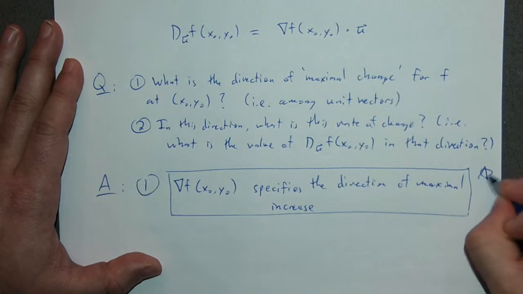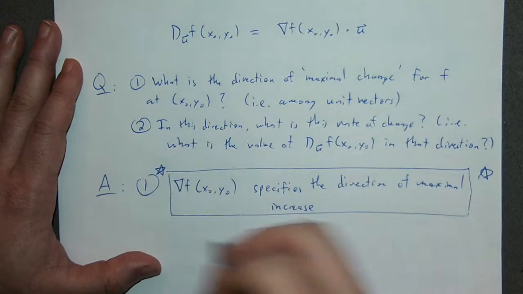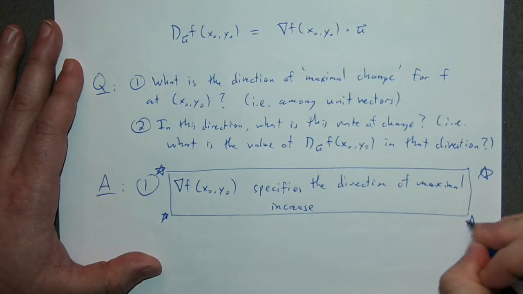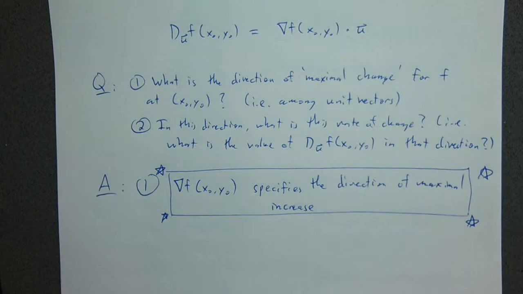This is important enough to put stars here, because this is also a nice conceptual characterization of what the gradient does. One way of thinking about what the gradient vector does for a function is that it tells you in what direction the function is increasing most rapidly, or is changing most rapidly.